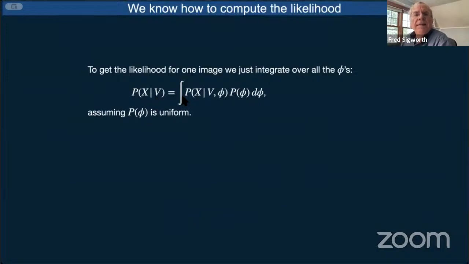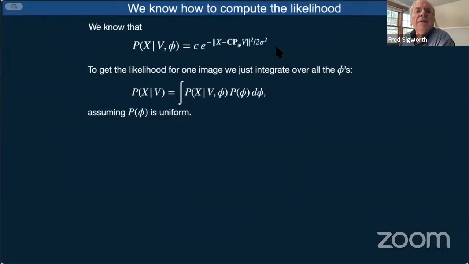To get the likelihood, we can compute this quantity. This is the probability of getting the image given the volume and the projection angle. And instead of picking the best projection angle, we're going to integrate this over all possible projection angles.